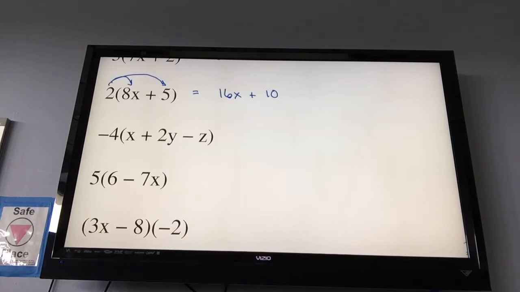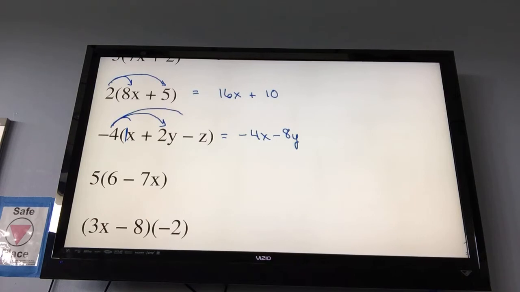Watch your negative here. Negative 4 times understood 1, positive 1x is negative 4x. Negative 4 times positive 2y is negative or minus 8y.